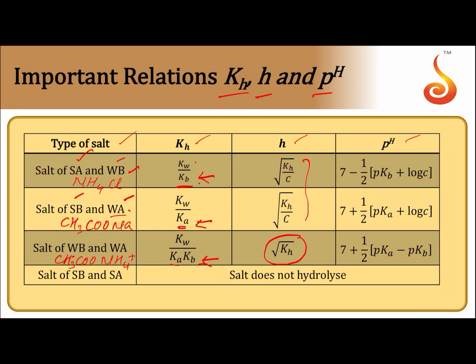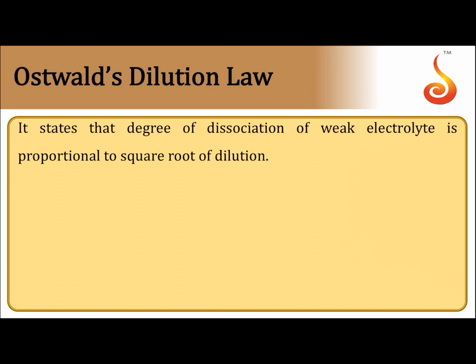If it is a salt of a strong base, the pH is going to be more than 7, therefore 7 plus pKa by 2 plus half log C. When both of them are weak, it will be 7 plus pKa by 2 minus pKb by 2. Try to remember the formulas. And when both are strong, something like NaCl salt, the salt never hydrolyzes, and therefore formulas will not be there for a salt of a strong acid and strong base.